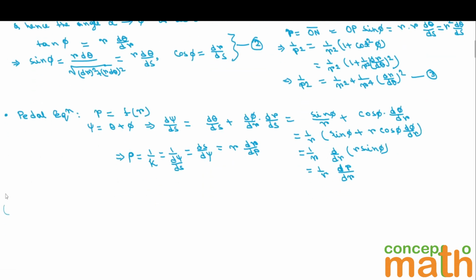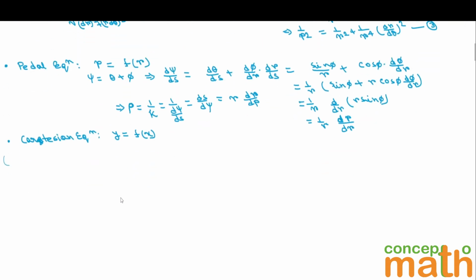In a similar way we can find it for different equations. Say we have the equation in Cartesian form, or Cartesian equation. That means the Cartesian equation is generally expressed as y as a function of x.